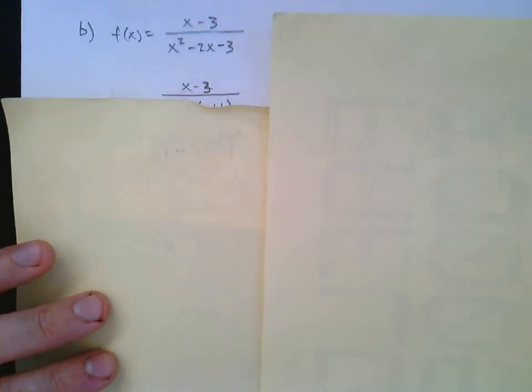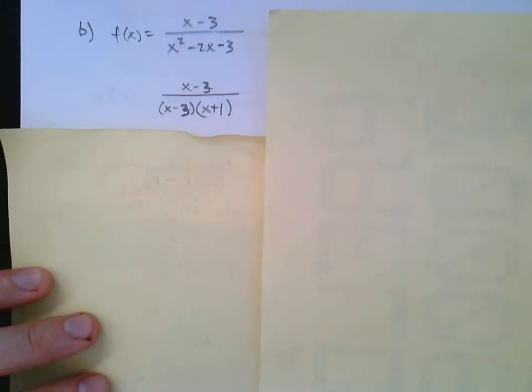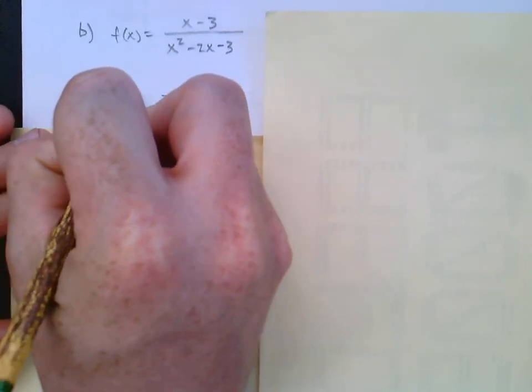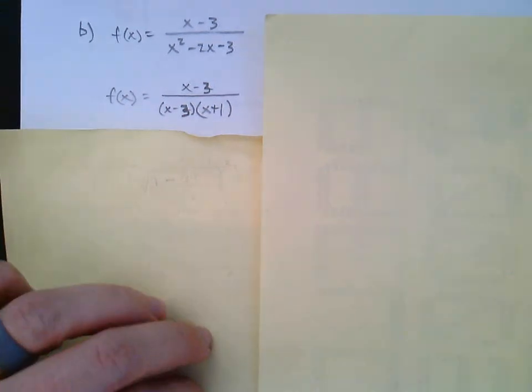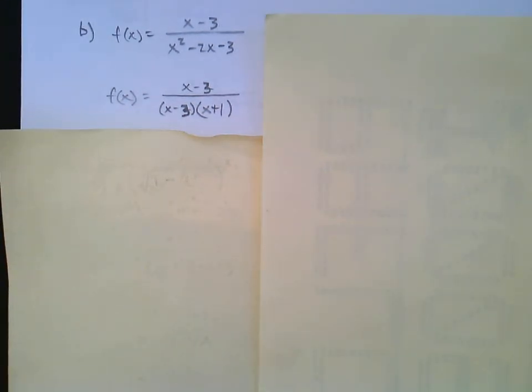Okay, so let's think, how can we find the x values where we divide by 0? Let's factor that denominator. So I'm just going to take that, and this is f of x again. We could probably write that as x minus 3 over x minus 3 times x plus 1 when you factor that denominator.